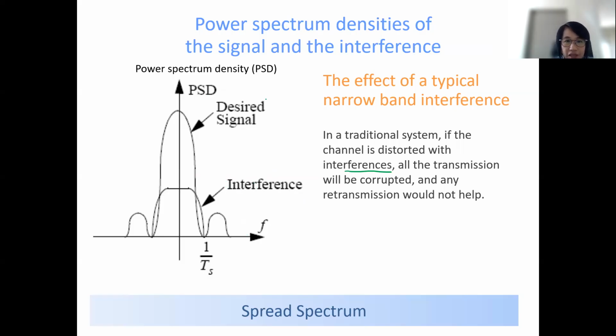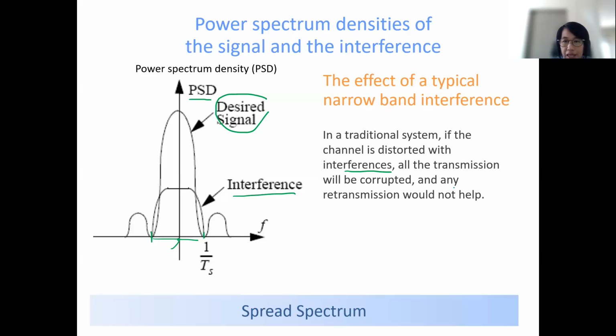This is your desired signal, represented in power spectrum density, and this is your bandwidth. Accidentally, when you send a signal with this bandwidth and center frequency, interference comes with the same bandwidth. Then your desired signal is lost for the whole packet, because they crash and corrupt each other.